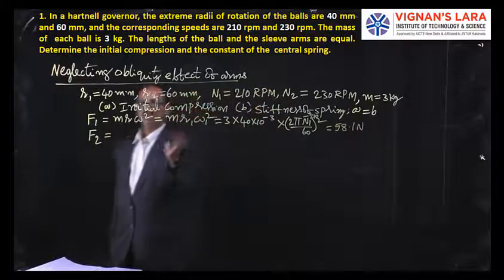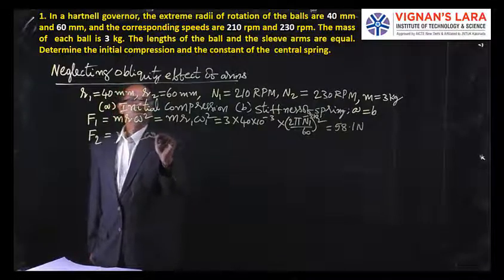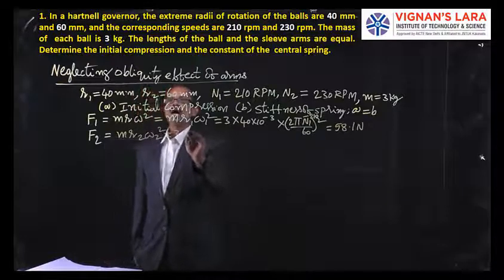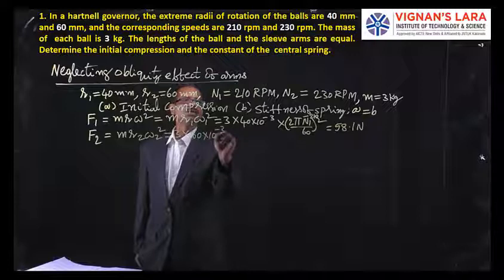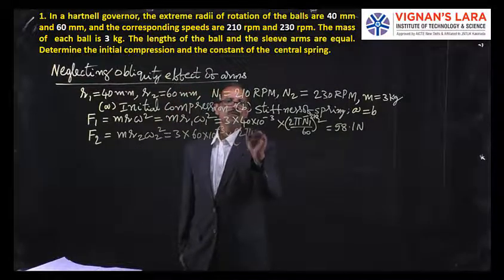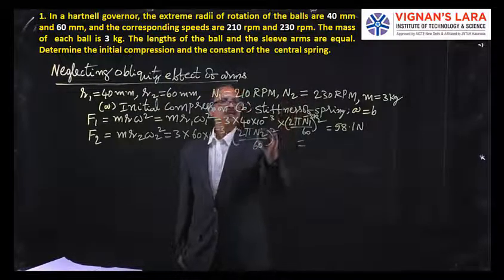Then similarly F2 is m r2 omega 2 square. M is same 3, r2 is 60 into 10 power minus 3, then omega 2 is 2 pi n2 by 60, whole square. What is n2? n2 is 230 rpm.